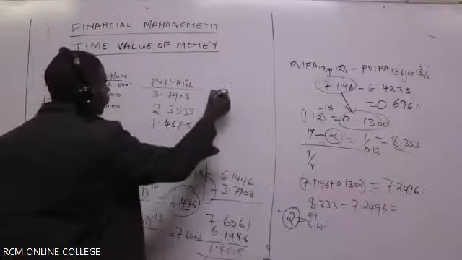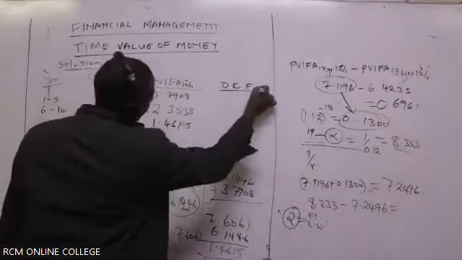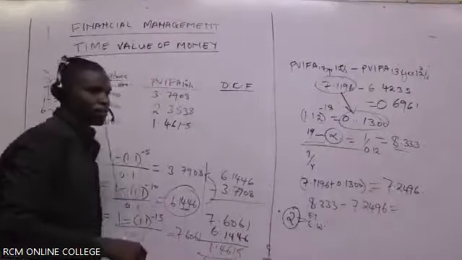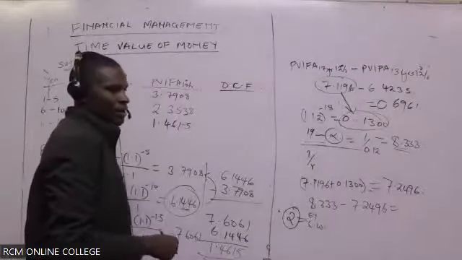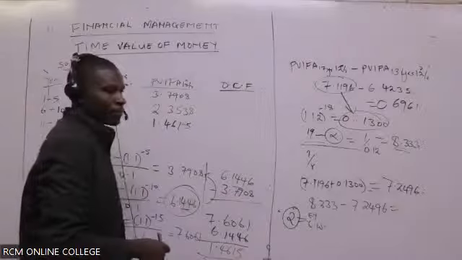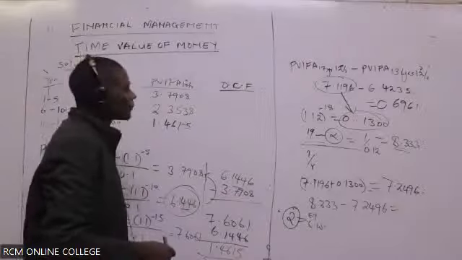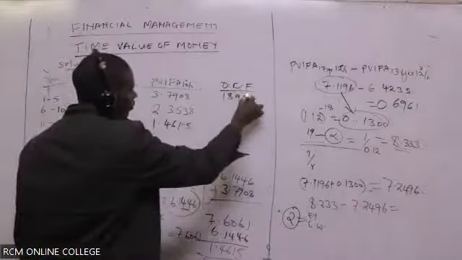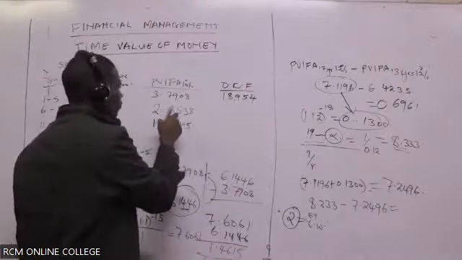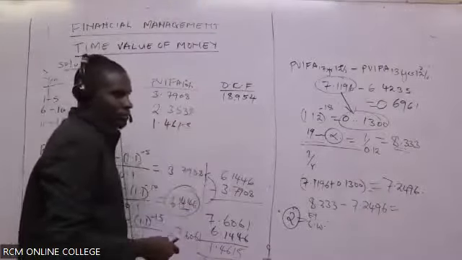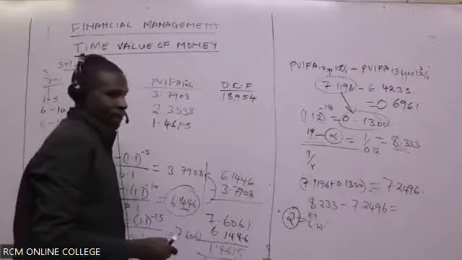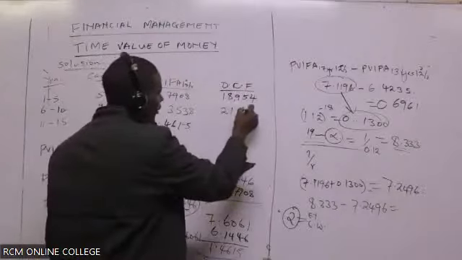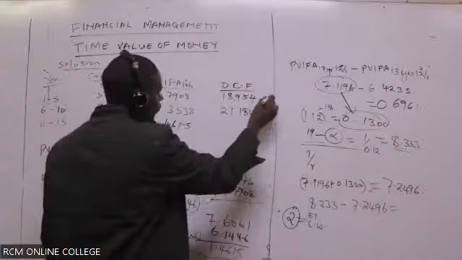So discounted cash flow: year one, this will be 5,000 times 3.7908. What do you get? 18,954. Then 9,000 times 2.3538 gives 21,184.2.